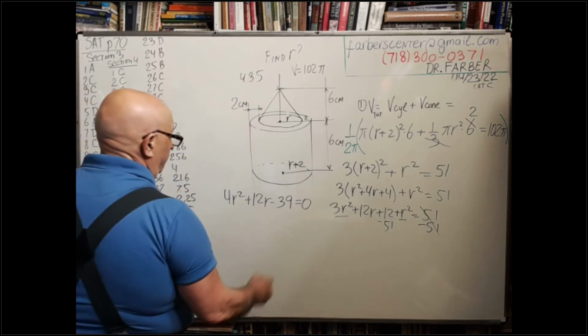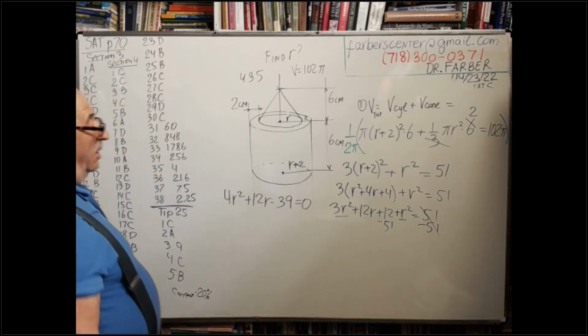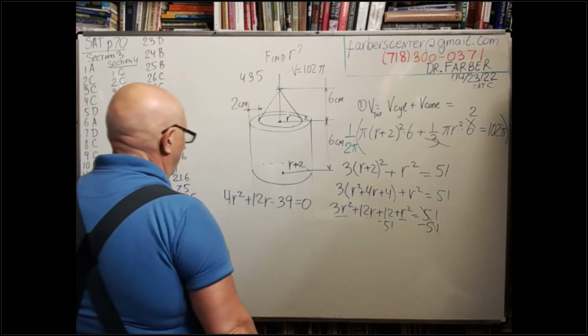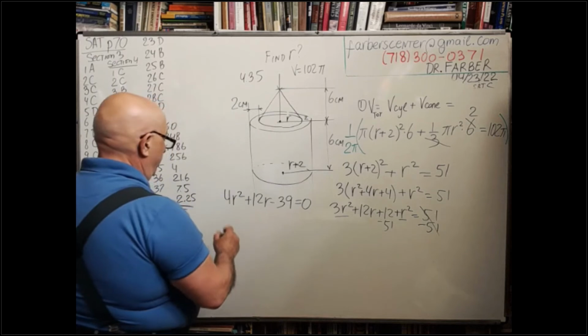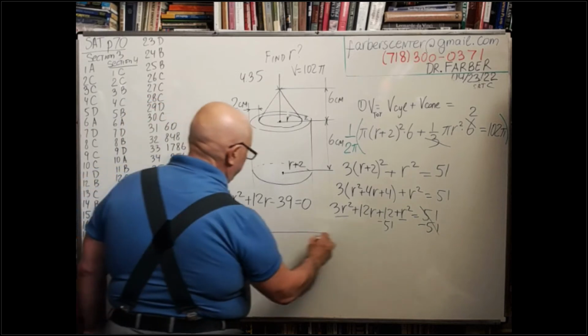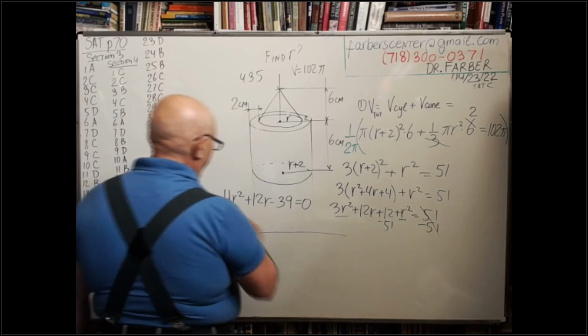Next, you have quadratic equation. You can use quadratic formula. I believe everybody remembers this. R the first, the second equals, double the first, 2 times 4.